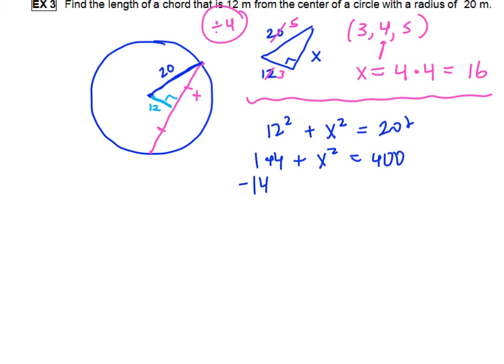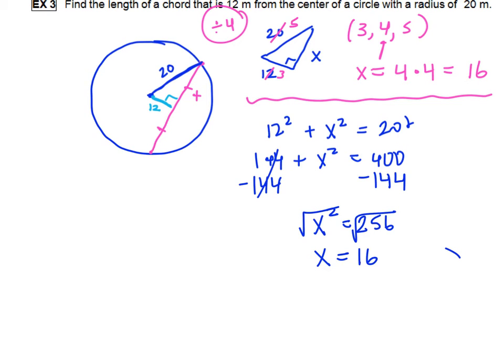You subtract 144 from both sides. x squared equals 256. When you square root both sides, you get x equals 16. So if you recognize that a Pythagorean triple is involved, go ahead and use that. Otherwise, you can do a little bit more work and get the same answer with the Pythagorean theorem.